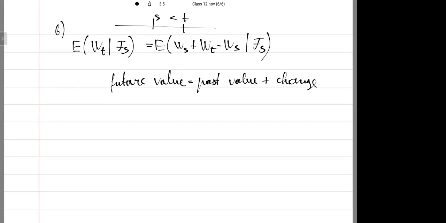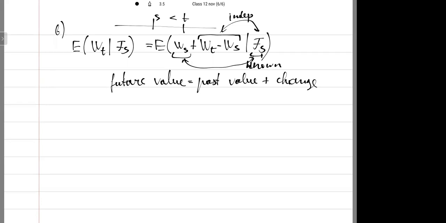Once again, we are working with conditional expected value. This random variable is known at time s, and this difference is independent of what we know at time s.